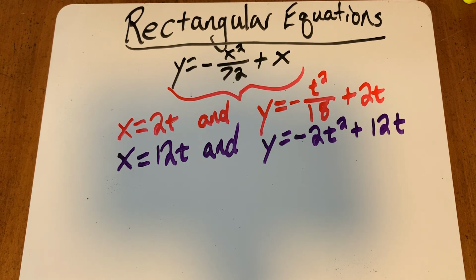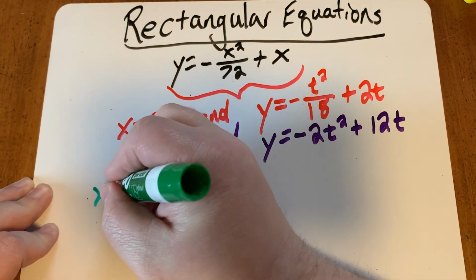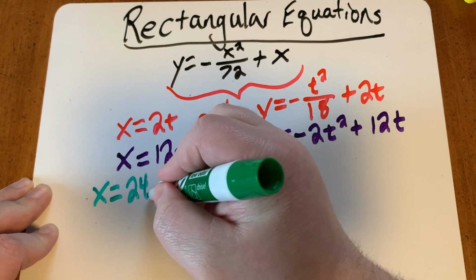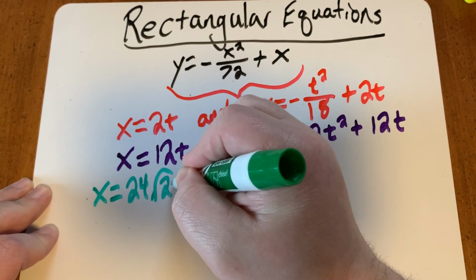You're not going to see where this is coming from until we get to the end, but let's say that x equaled 24 root 2 times t.